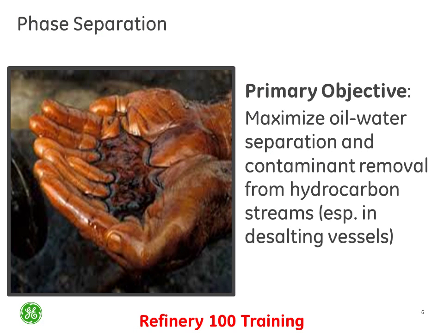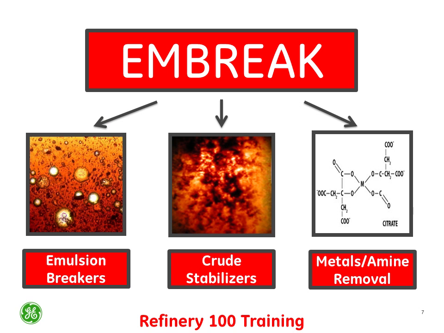Phase separation. The primary objective of phase separation is to separate, as it says, oil and water, and this helps remove contaminants from the hydrocarbon streams, especially in desalting vessels. The brand name for this is Embrake, and we can see a picture of a microemulsion.